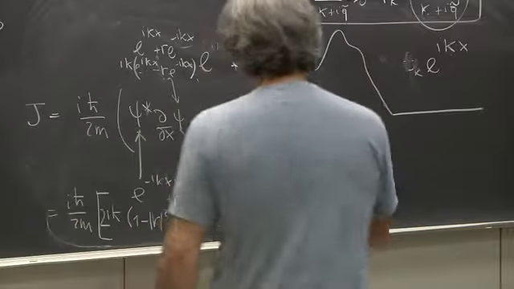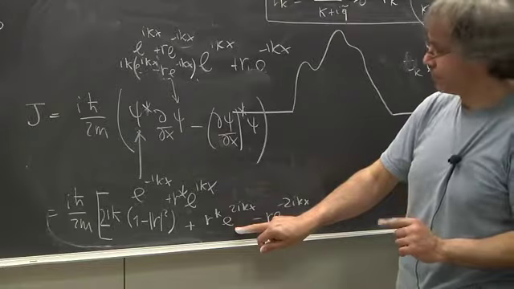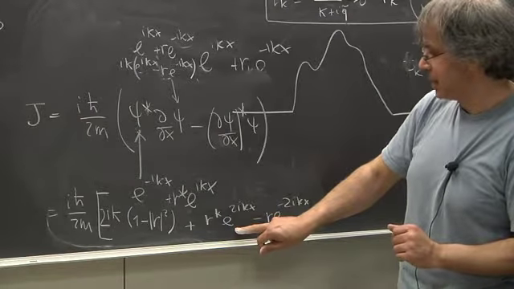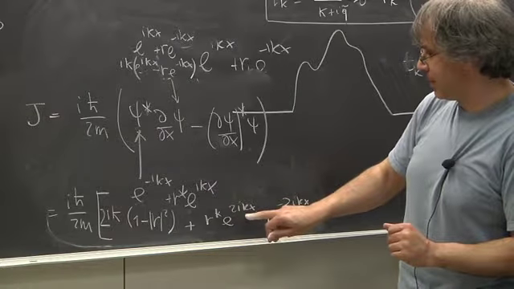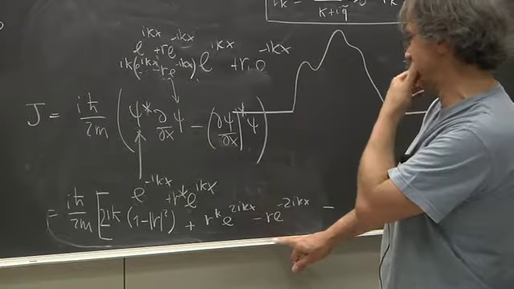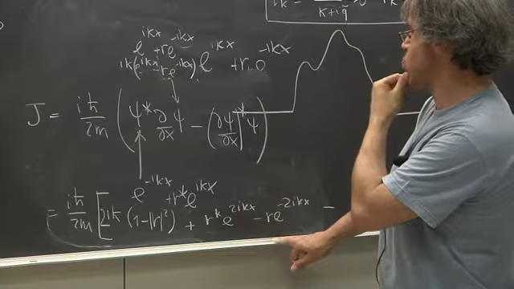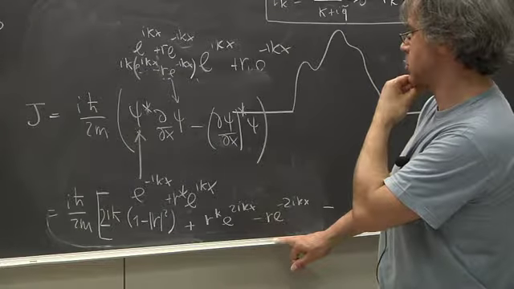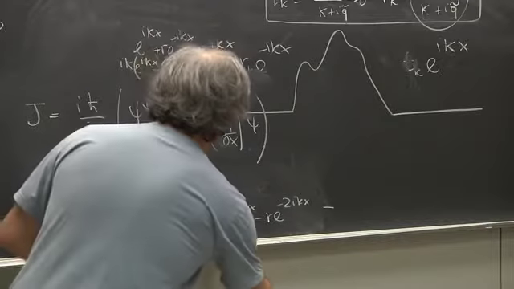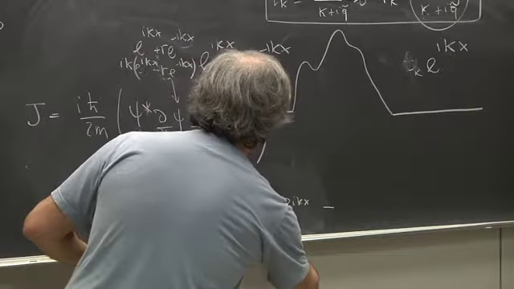On the contrary, if I take the star of this and I subtract it, I get r. Okay, i k is here and i k is here.